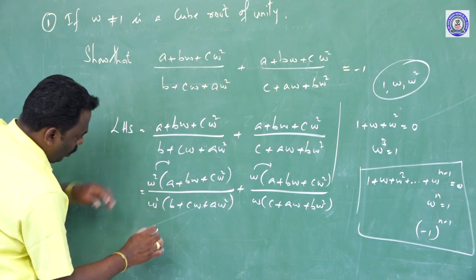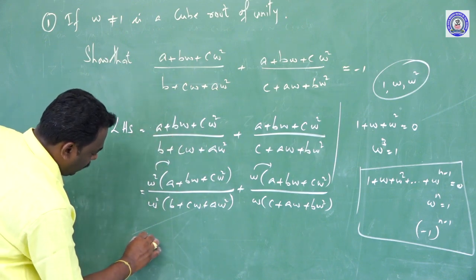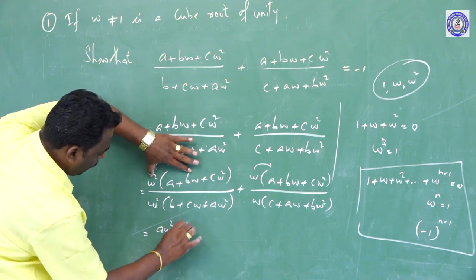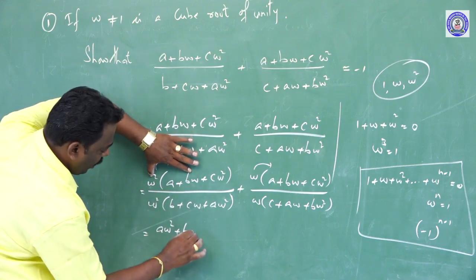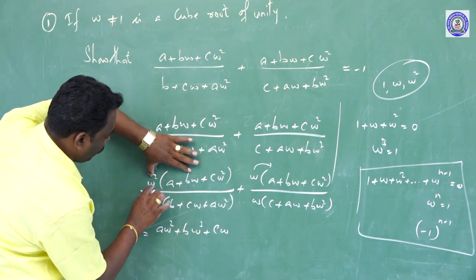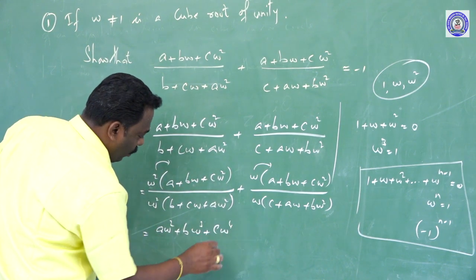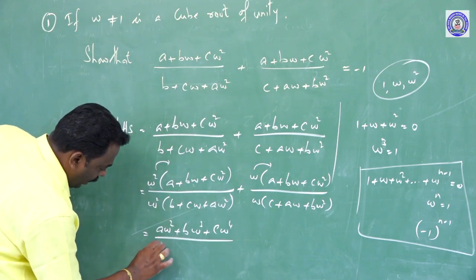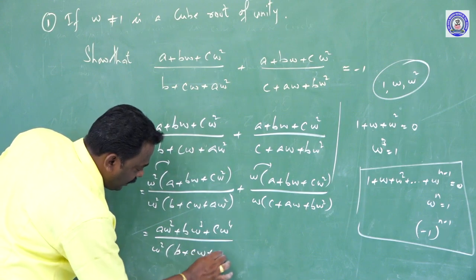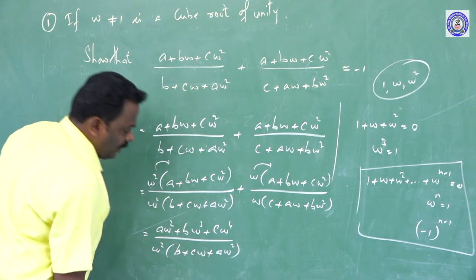What is that equal to? Aω², then plus Bω²·ω³, plus Cω⁴, and the denominator is ω²(B + Cω + Aω²) as it is.